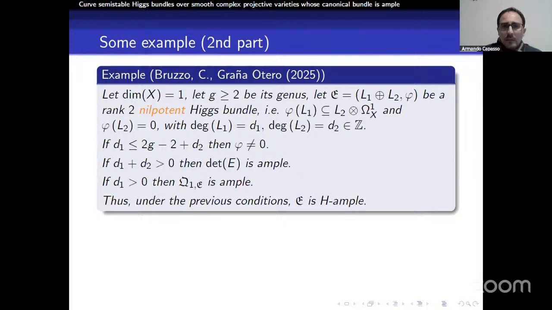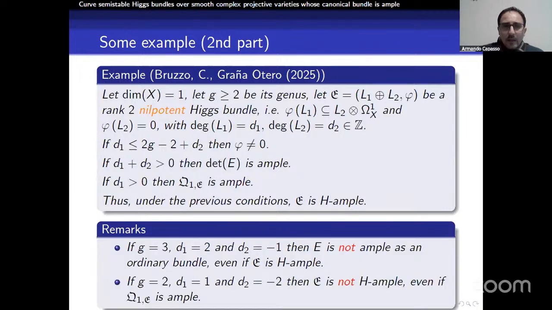Okay, that's all clear. But if the genus is 3, D1 is 2, and D2 is equal to -1, then E is not ample as an ordinary bundle, even if E is Higgs ample. And if G is equal to 2, D1 is equal to 1, and D2 is equal to -2, then E is not Higgs ample, even if Q1 of E is ample.